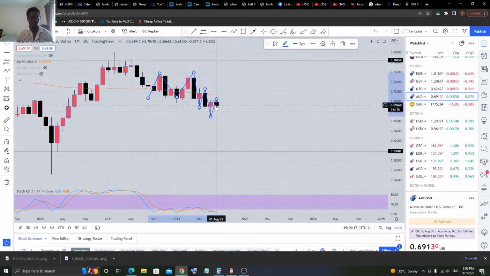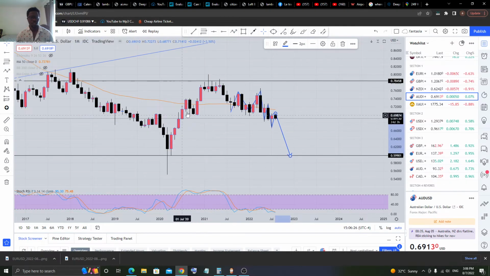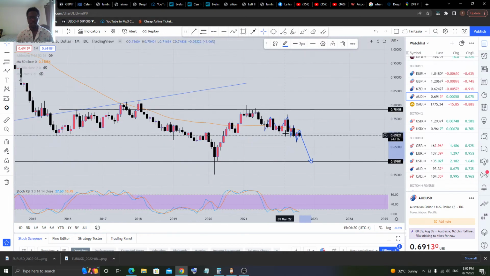And then what it will be doing from here is dropping. Clearly it's dropping, and you see this nice drop to the downside. The same is going to happen right here. It's going to be really nice this way before it starts back.